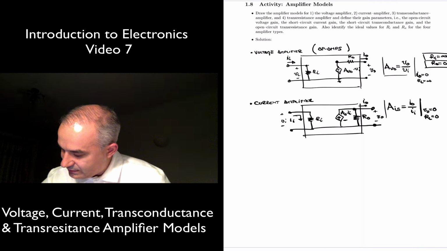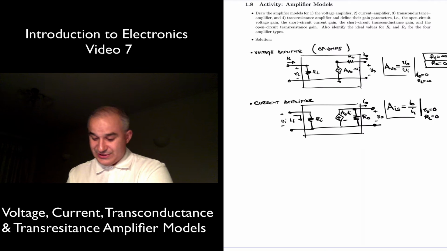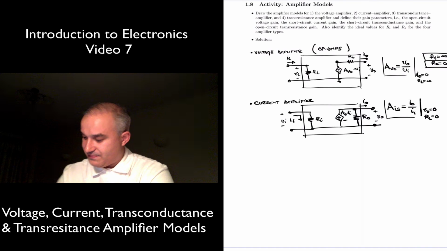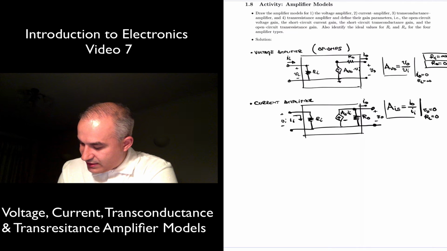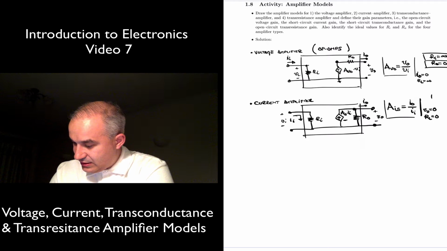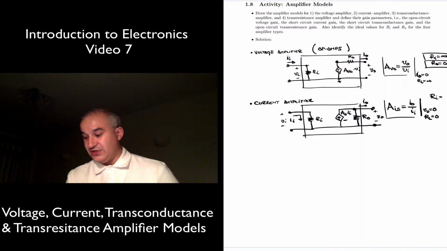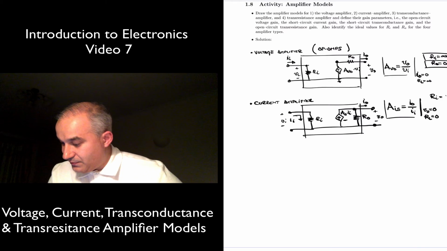Now with that, what are our ideal parameters in the case of a current amplifier? In a current amplifier, you want to get this input current, right? Ri, instead of being infinity as for the voltage amplifier, you do not affect the input current if the input impedance is 0.